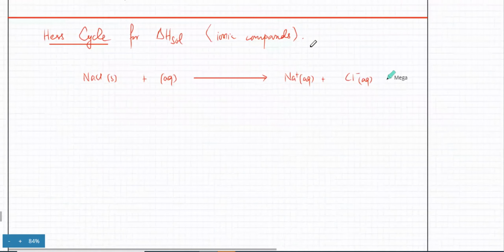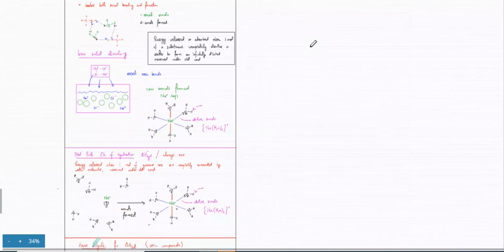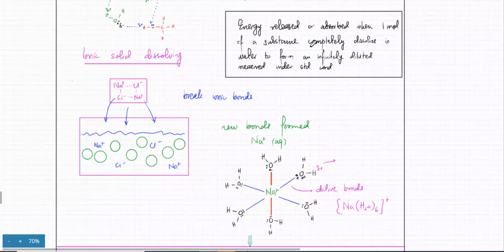This is what we just discussed. The process happens in 2 steps, which we have already discussed. What are the 2 steps? The first step is to break the lattice, get rid of the ionic bonds. And once you break the lattice, the ions then form new bonds with water molecules. So these are the 2 steps.